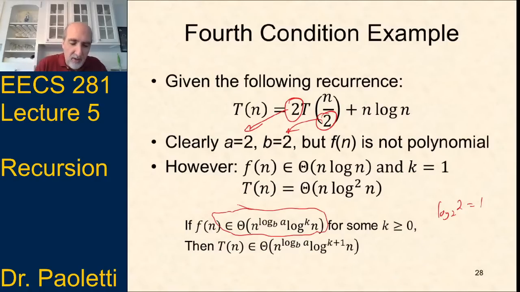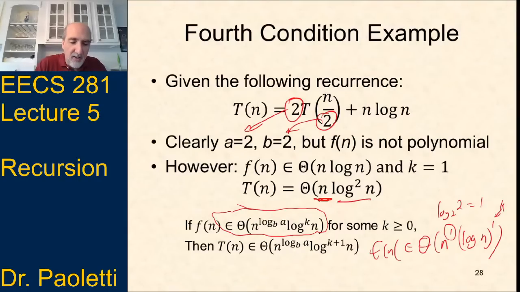We've got the form f(n) is an element of big theta of n to the first power, log of n, also to the first power, that's our k. This one over here is just the log base b of a. It has nothing to do with k. This is our k, log of n to the first power. So that tells us that our final form is big theta of n to the log base b of a, n to the first power, log of n squared.